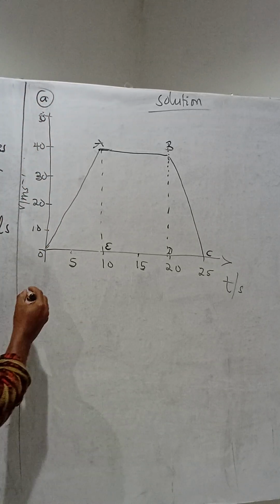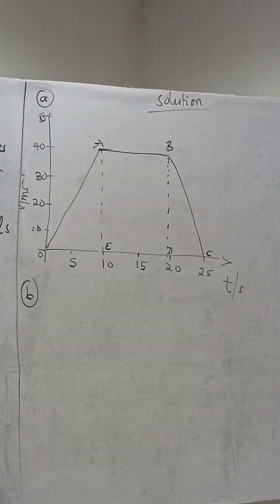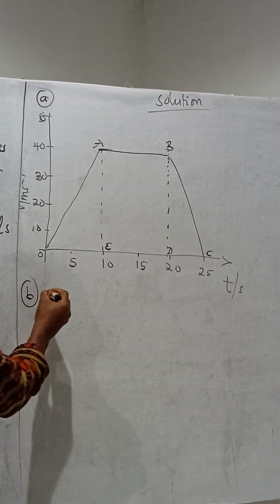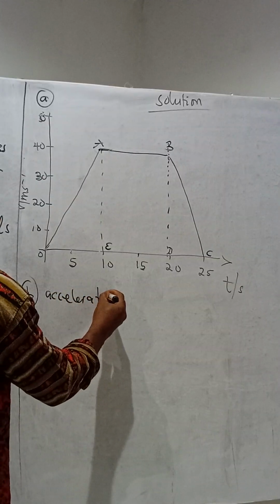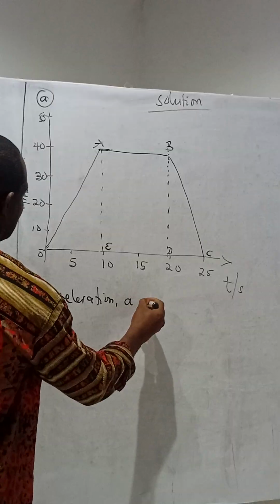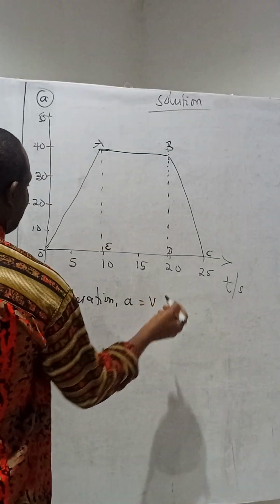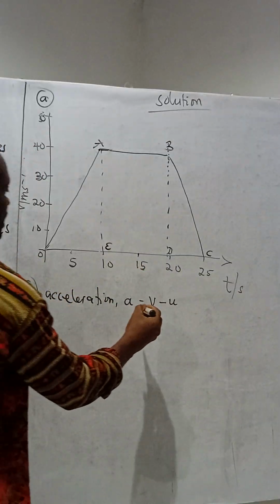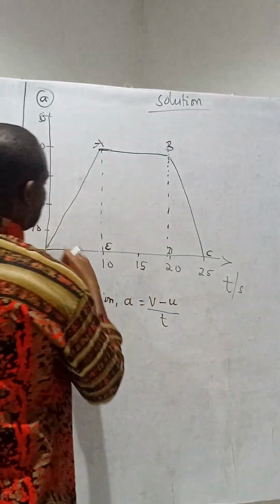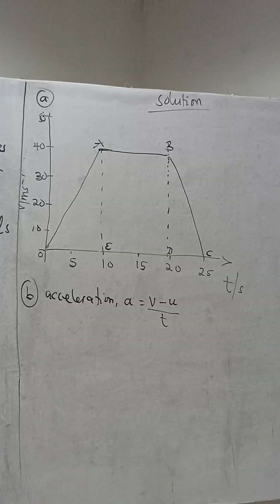Let's look at the B. It says that we should use our graph to find the acceleration of the car. Acceleration a is given by the final velocity minus the initial velocity divided by the time taken for the acceleration.